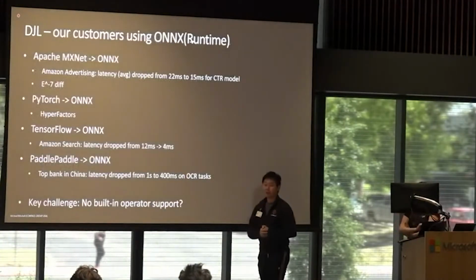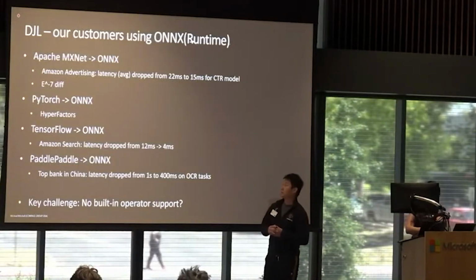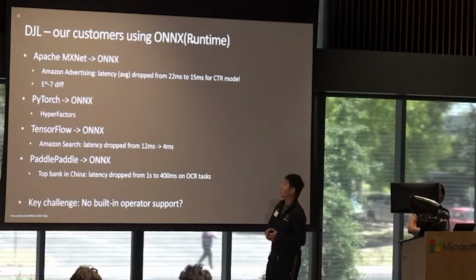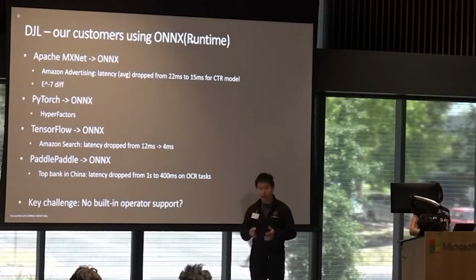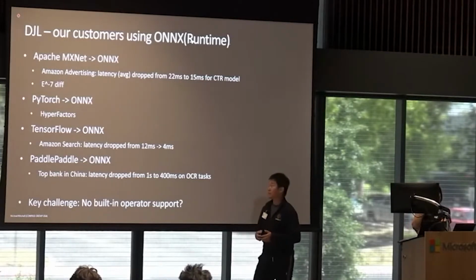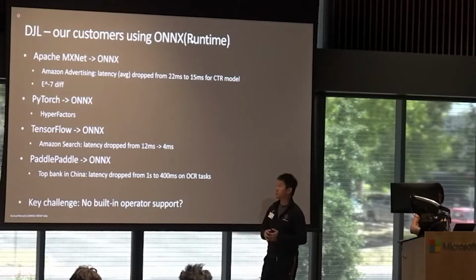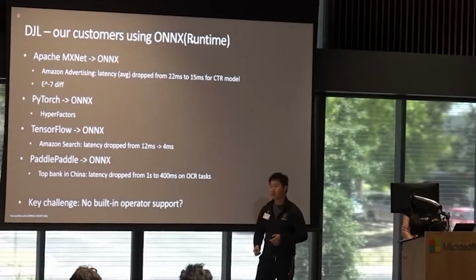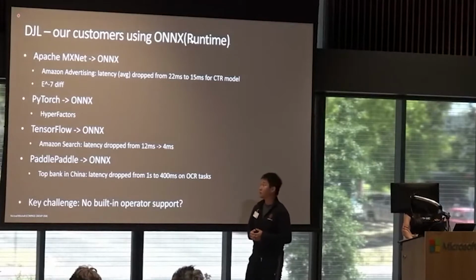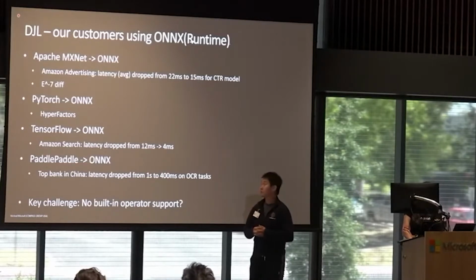Okay. So here I would like to share with you a couple of successful customers leveraging ONNX and also ONNXRuntime, with DJL used along the way. The first use case came from Amazon advertising. We have been helping teams that are trying to launch a model with a very heavy infrastructure.